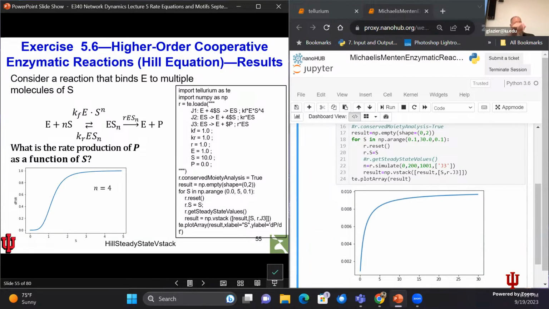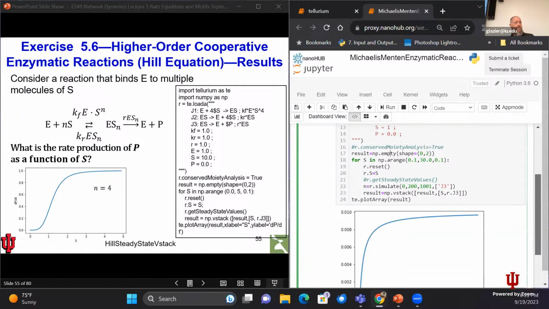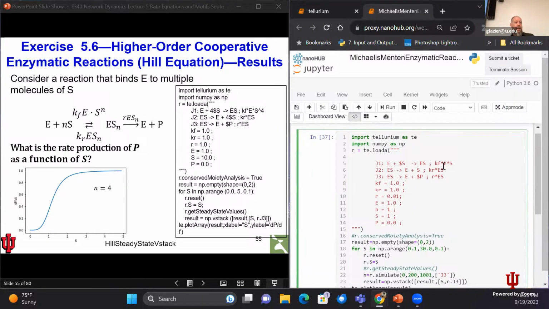And so let's do exactly that. Let's take this exact equation here, everything we have here, and instead of saying E plus S goes to ES at a rate kf E S, we're going to say E plus, let's use a number 4.